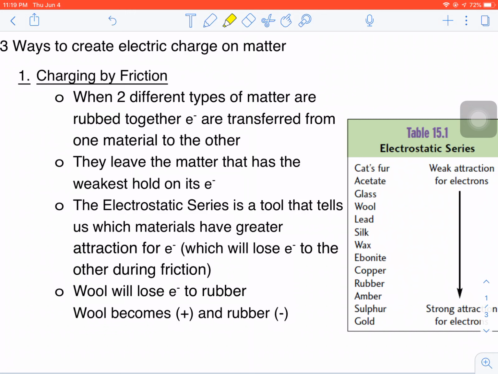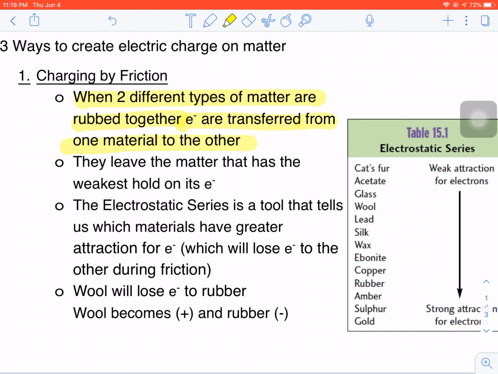They're all in there and they're tumbling over each other, and what we know is when two different types of matter rub together, electrons are transferred. They're transferred from one of the types of material to the other type of material. Now, they will always basically travel in that same direction.